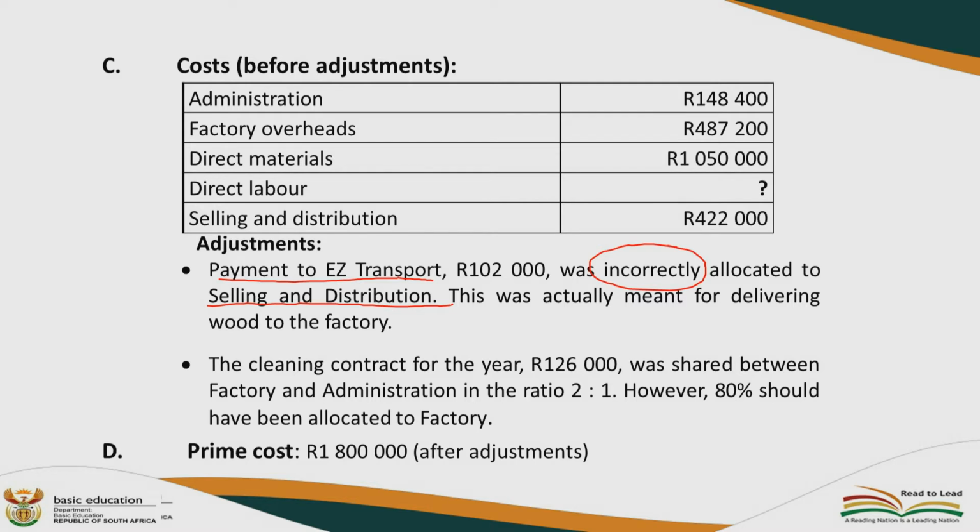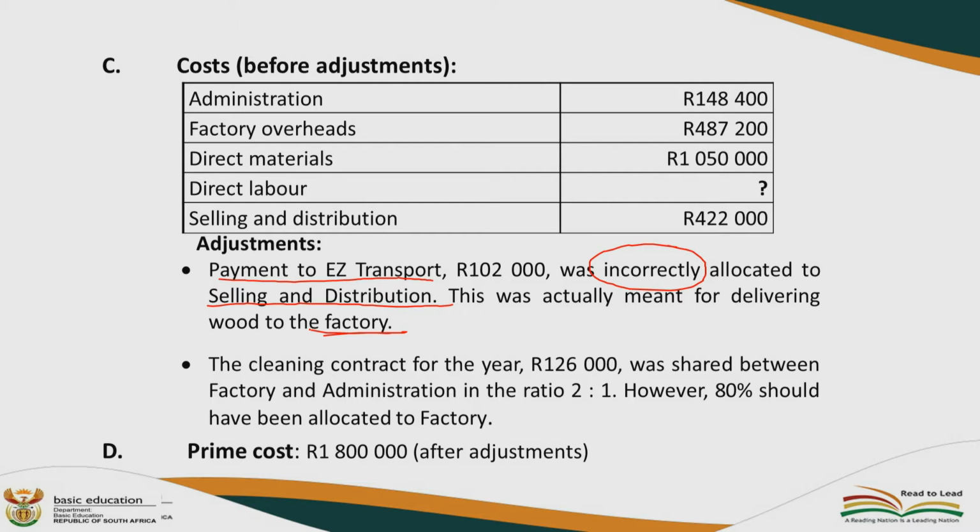To selling and distribution. Then they say this was actually meant for delivering wood to the factory. Remember the costs that apply to the factory? There were three: direct material, direct labor, and factory overhead. But this one, they are delivering the wood. It means wood is material. So now, this amount was incorrectly recorded in your selling and distribution.